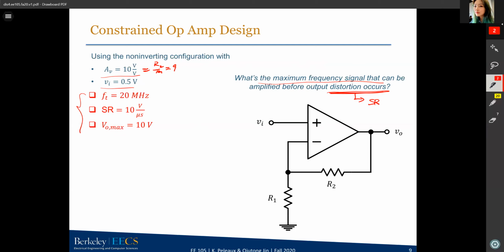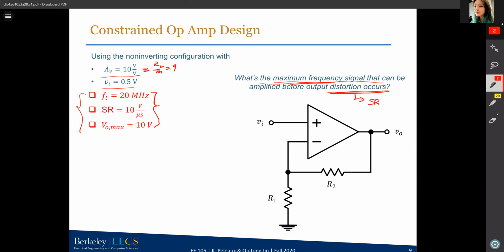If you want to design a circuit, you must make your circuit or your signal satisfy all three constraints, which is hard. So for the design specs, we'll just choose one or two of the constraints, and use just that to design your circuit.